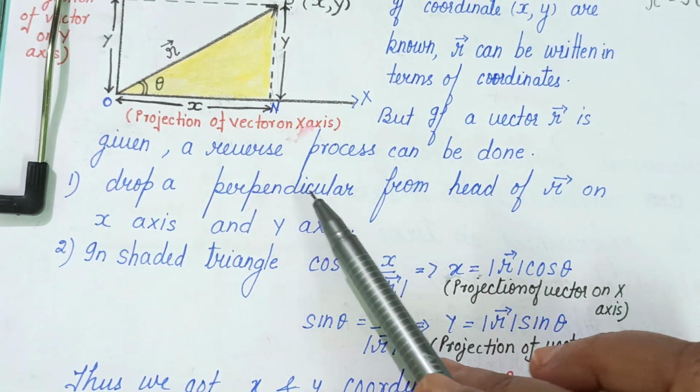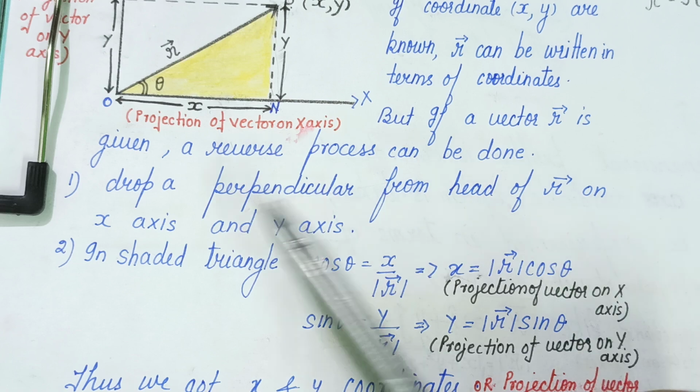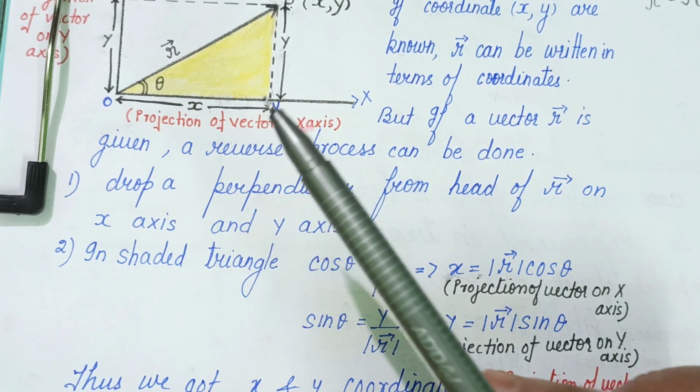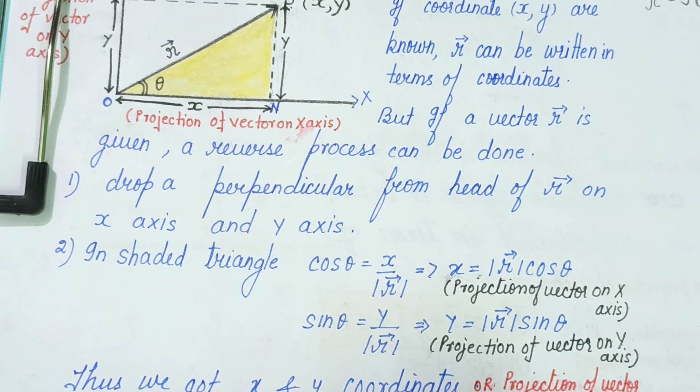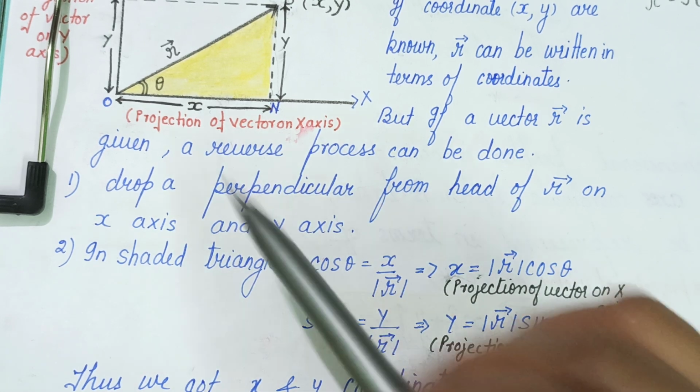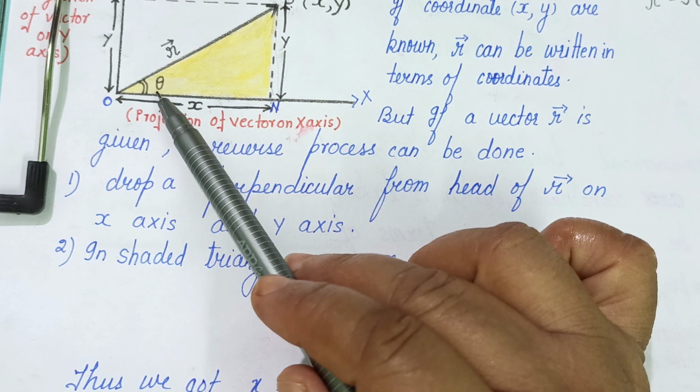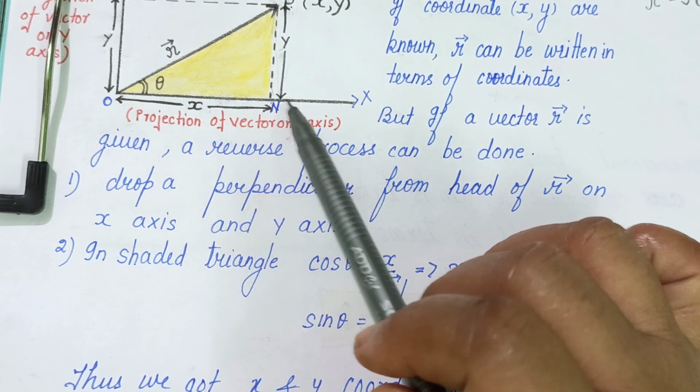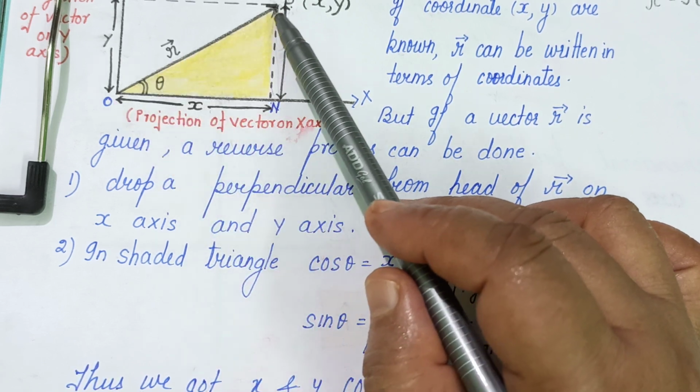So after dropping the perpendicular from the head of the vector on the x and y axis, just consider the yellow triangle. In that triangle, can you see that cos theta is base upon hypotenuse?